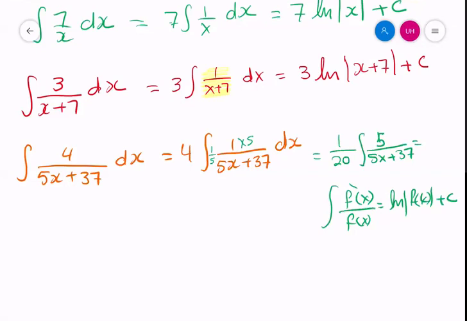We can take the 5 outside as well, so this is going to be 5 over 20 ln 5x plus 37 plus c. If we simplify this, 5 divided by 5 is 1, and 20 divided by 5 is 4.